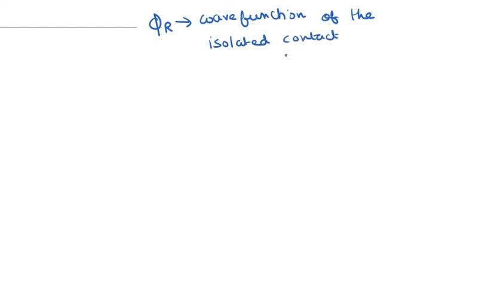Now remember that this term phi_R is the wave function of the isolated contact. Now if the channel is coupled to the contact, not the entire wave function can enter into the channel because the channel capacity is limited. So what will happen is that a large part of the wave function, or at least a part of the wave function, would be reflected back or scattered back into the contact.